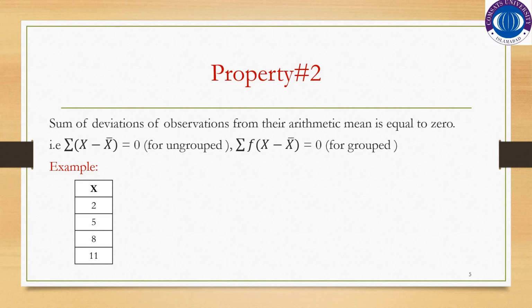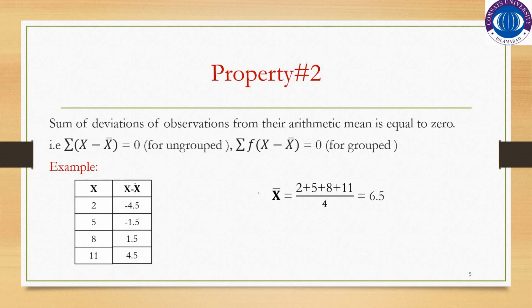First, we will calculate the mean for the given data set. We know that the formula of the mean is sum of observations divided by number of observations. So, we sum the observations divided by 4, which is equal to 6.5. What will we do next? We will take deviations.